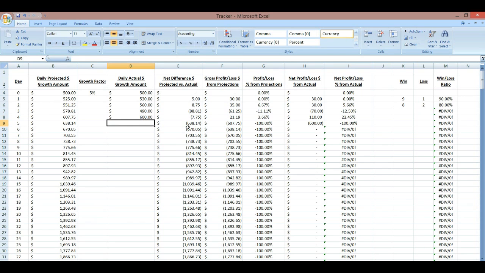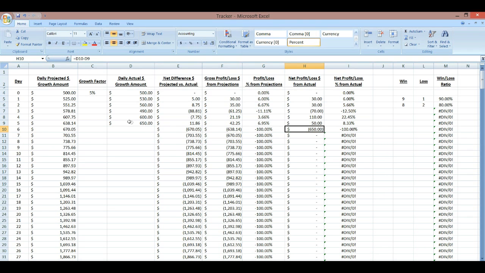Now let's say, next day, you're back on track. You get up to 650. Again, self-explanatory. You're up 11.86, 42 bucks, 7% from projections, but on our actuals, we're actually up 8.33%. Okay.